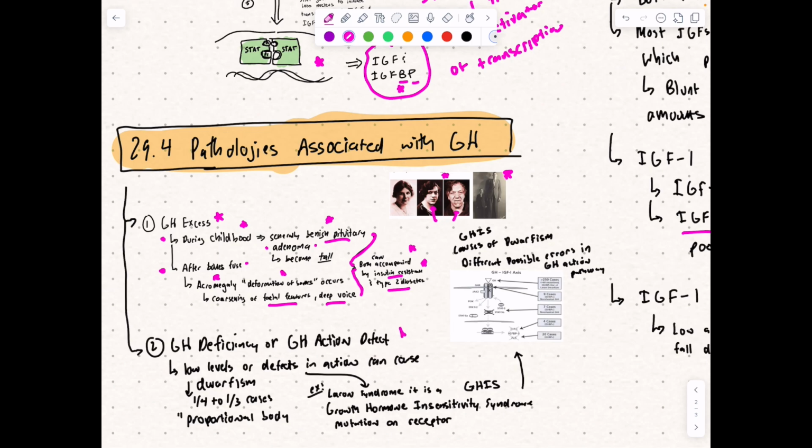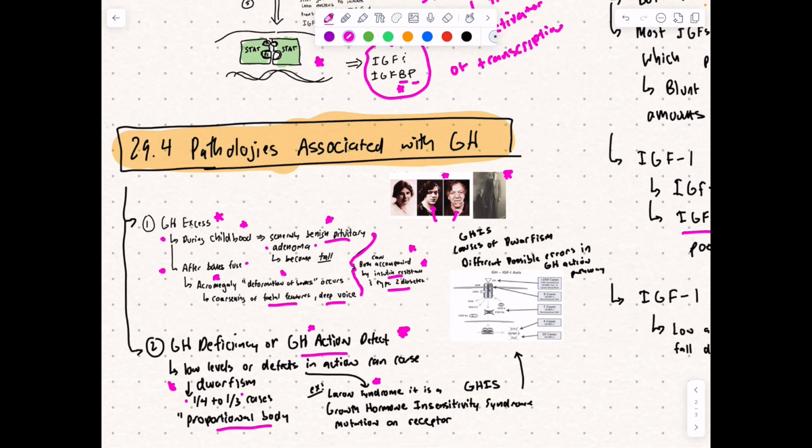All right, then you could have a deficiency of growth hormone or a defect in the pathway that growth hormone acts upon. If you just have low levels, that's a fourth to a third of dwarfism cases, but you have a proportional body in those types. And if you have a defect in the action of growth hormone, the example we were given is Laron syndrome.